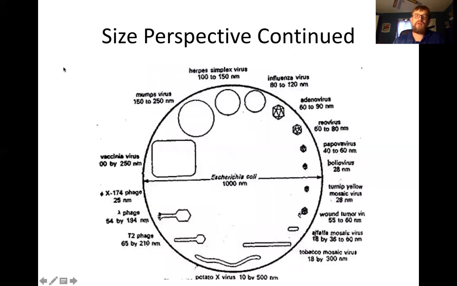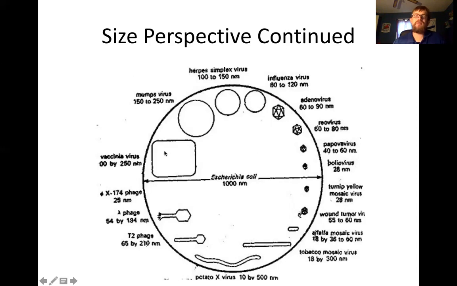To give you another perspective, and this one works better if you had been in lab and been able to see E. coli under the microscope. But mind you, E. coli is actually a relatively small, short, nubby rod that is relatively hard to see.